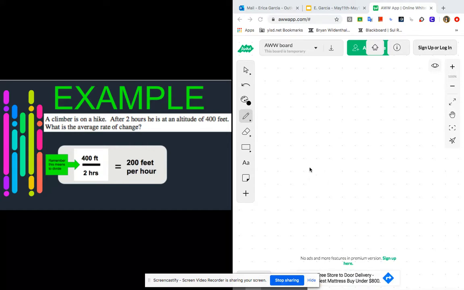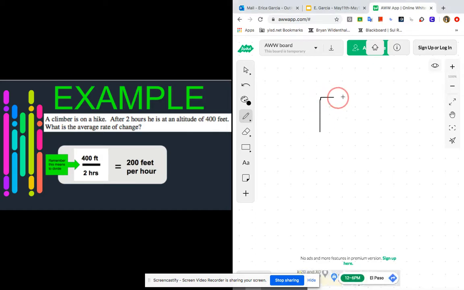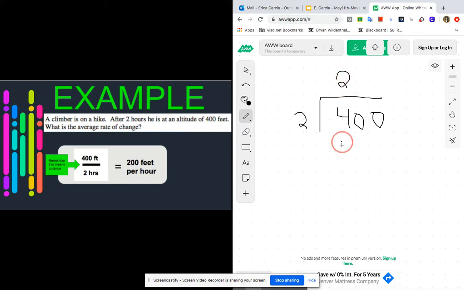You can use a calculator or you can divide. So we have the 400 divided by 2. 2 goes into 4 2 times. That gives me 4 with nothing left over.